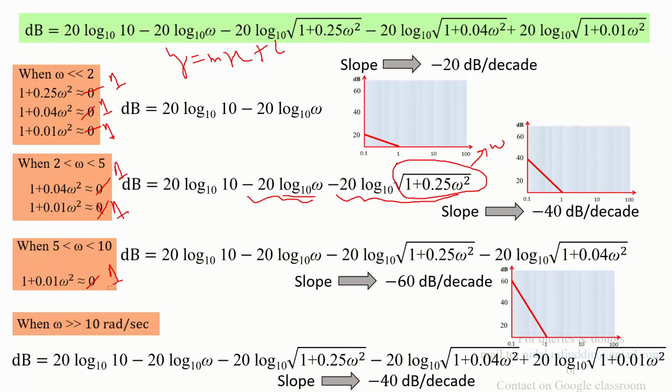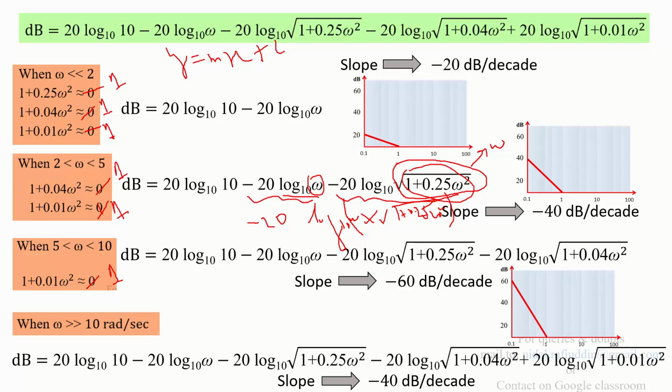Likewise, you have minus 20 dB per decade here. Since you're talking about log values, the slopes will be added. In other terms, you can understand this as minus 20 log to the base 10 of omega multiplied by the square root of 1 plus 0.25 omega square. Since you have log terms, you can multiply this term with this.